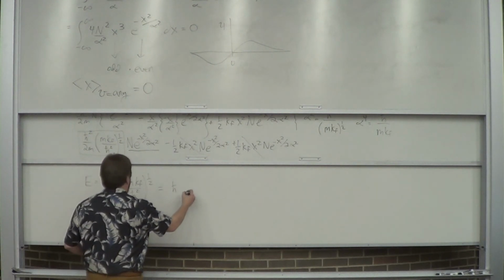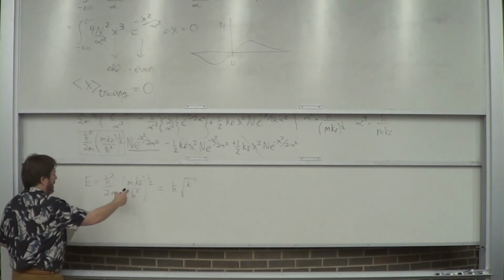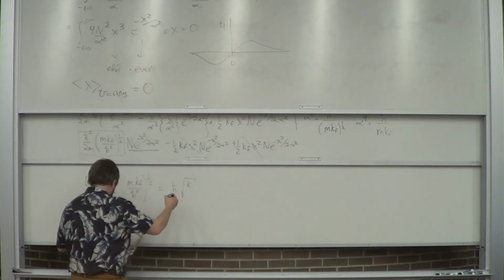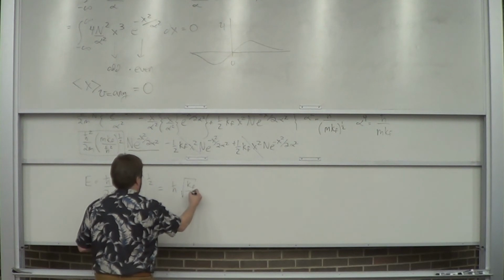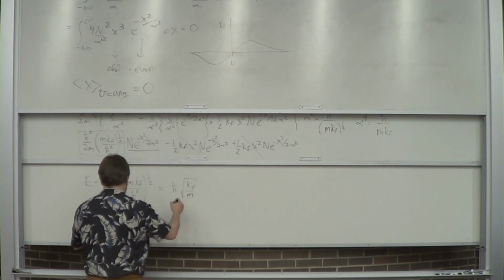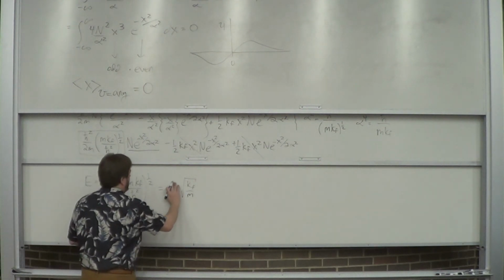I've got square root of k over m. Is that right? Yeah. One h bar over 2.